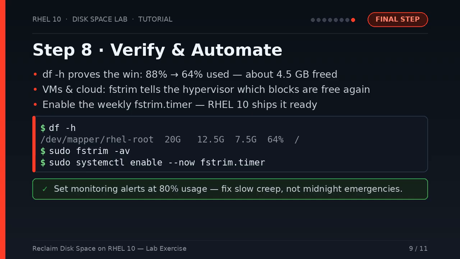Next, if your server is a virtual machine, a cloud instance, or uses thin provisioned storage, run fstrim -av. This tells the hypervisor that unused blocks can be freed, so it can give the space back to the storage pool. RHEL 10 includes a weekly trim timer.